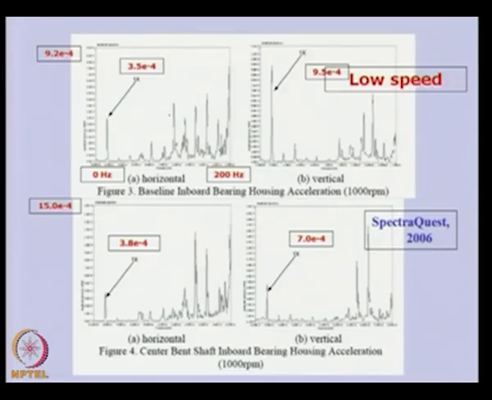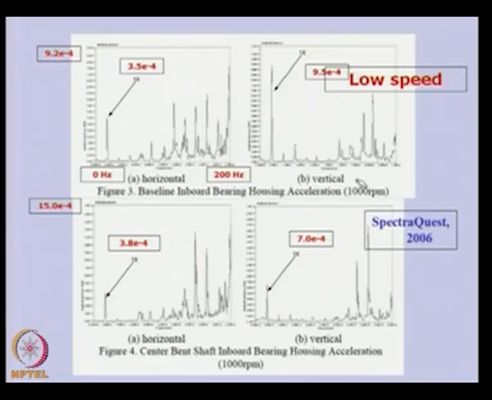Now you can see, this is the horizontal and vertical response. This is in the frequency domain, with a frequency span from 0 to 200 hertz, and this is the amplitude of vibration. This is in the horizontal and this is in the vertical direction, without any bow in the shaft.